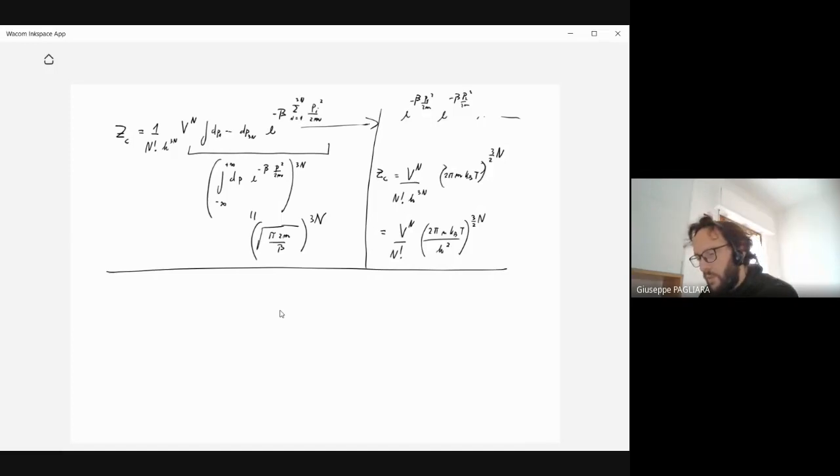Now remember that we define the thermal de Broglie wavelength as lambda equal to h divided by the square root of 2 pi m kBT, and therefore this canonical partition function is V to the power of N divided by N factorial, times 1 over lambda to the power of 3N.